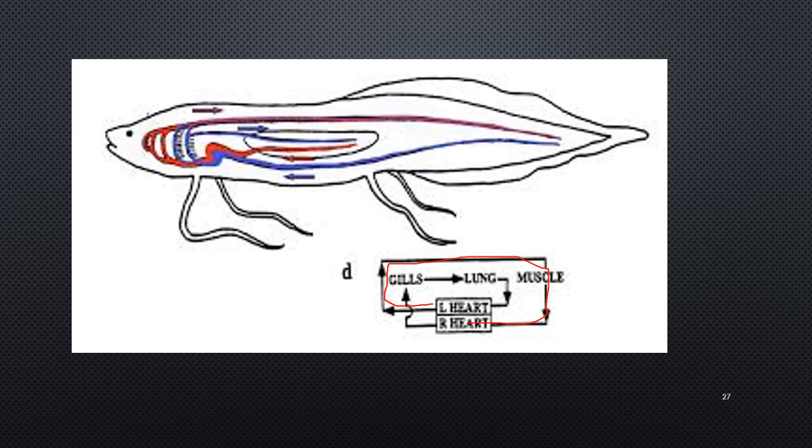But this time it has two different options for pathways, because the blood can come out of the heart and up through the gills and then also through the lungs. And that allows it to have extra oxygenation, and then it can go back through its normal process to the muscles. So either way, it will come through the gills, but it may additionally go through the lungs in order to gather more oxygen to be taken to the muscles.